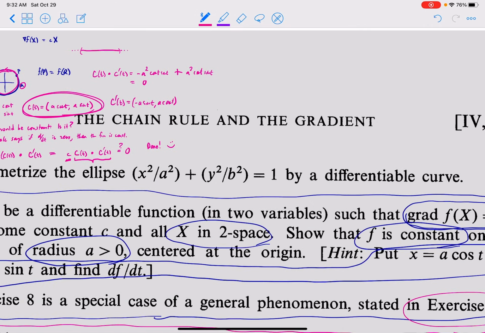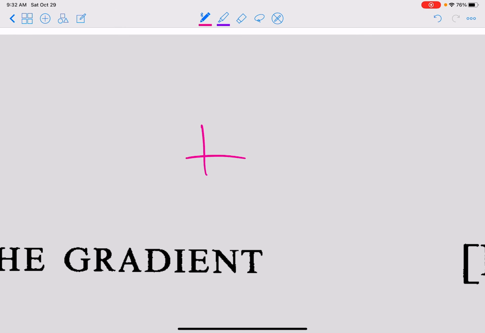Maybe I didn't draw that last time, but like if here we are in space, and let's say this is your point capital X. So capital X is also a vector, and this function has a gradient of f at capital X. That's a vector, and of course in general that could be this vector, right? But if I drew it this way, this vector is not a scalar multiple of this one.